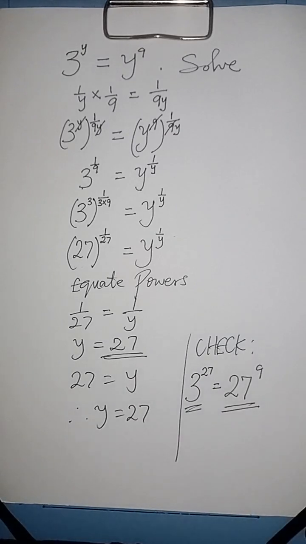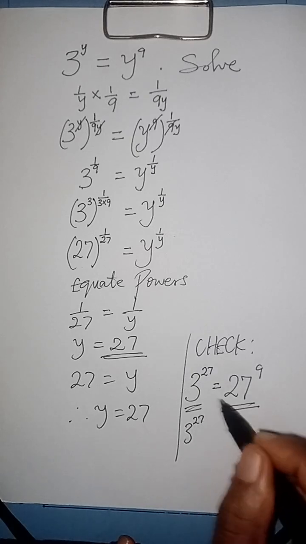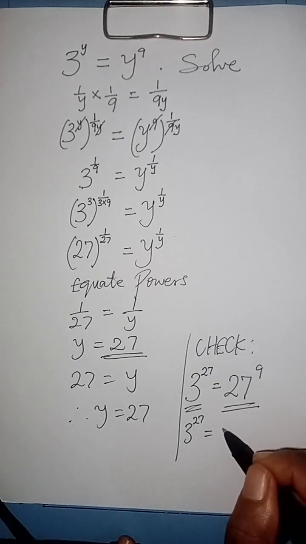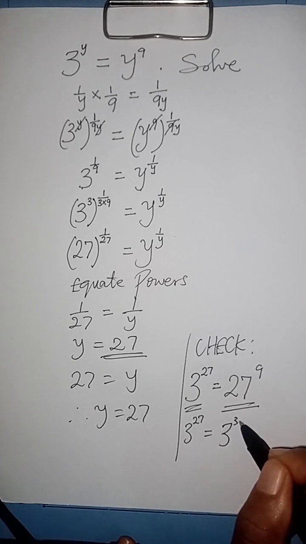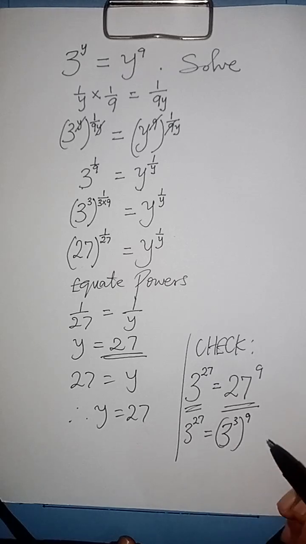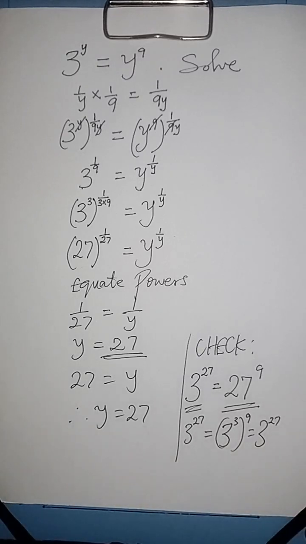Another way you can check using indices is to say 3 raised to power 27, which is your left-hand side, is equal to, you can express this in indices, 3 raised to power 3, and then 9. 3 times 9 will give you 3 raised to power 27. So that shows that your solution to the question is correct.